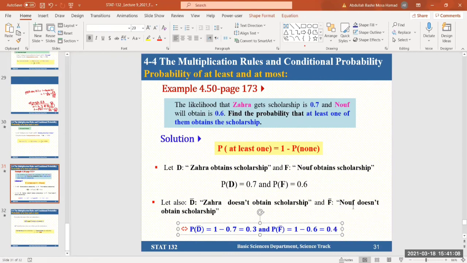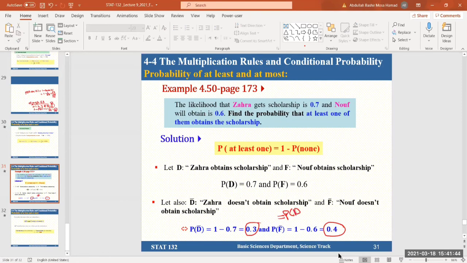So probability that both Nof and Zahra do not get a scholarship equals what? Probability of Nof not getting a scholarship is 0.4. Probability of Zahra not getting a scholarship is 0.3. Probability of both not getting a scholarship equals what?